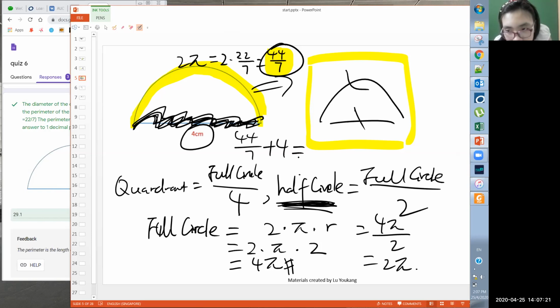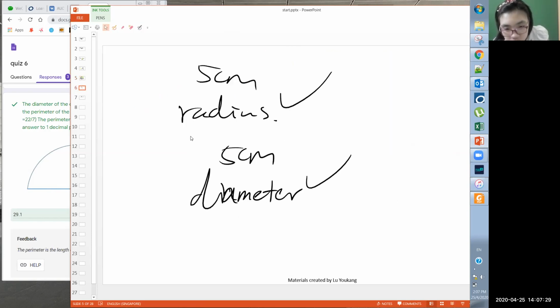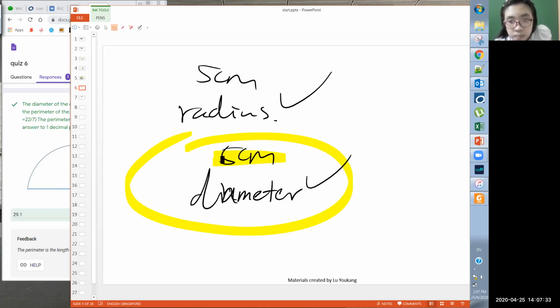What is so hard about this question? I find there is a very big problem with you. You have a 5 cm on top of the diameter and you can tell me the radius is 5 cm in this case. Crazy stuff.